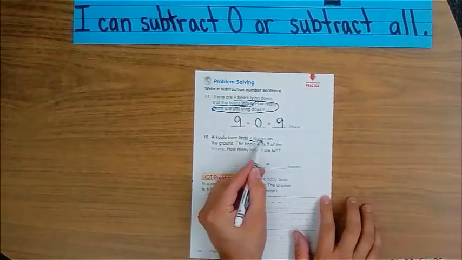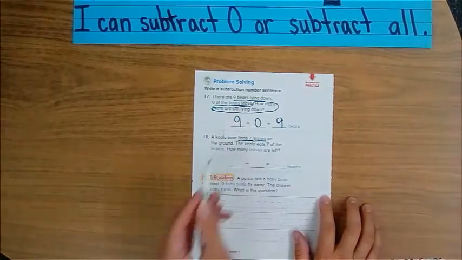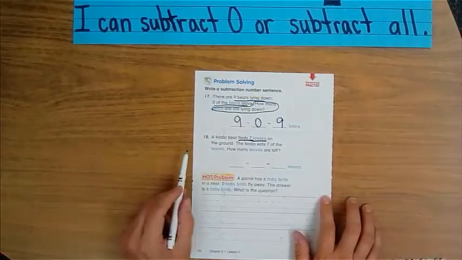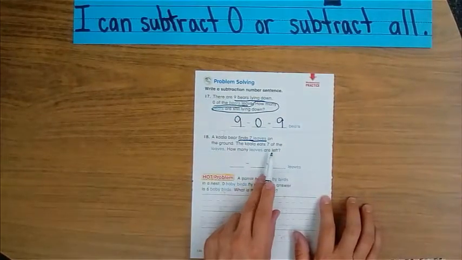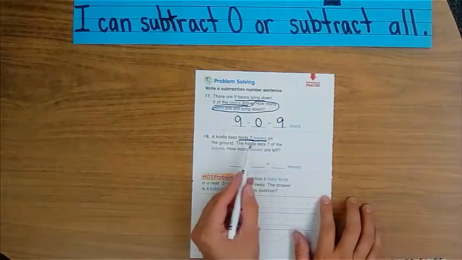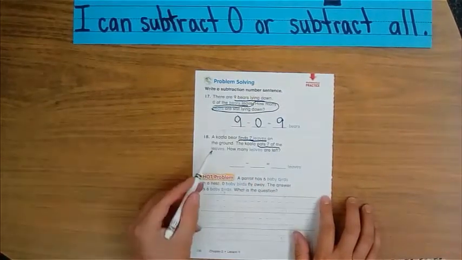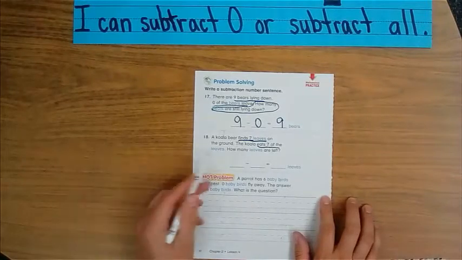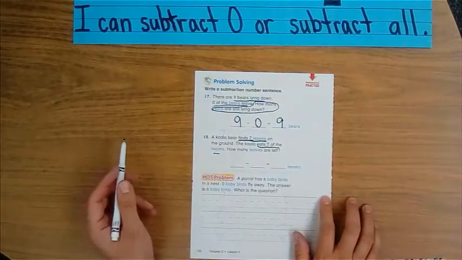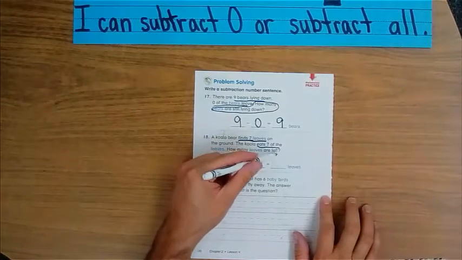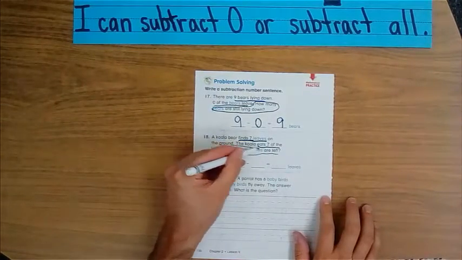Oh yeah, so they find 7 leaves. I'm going to underline that on the ground. The koala eats 7 of the leaves. So eats 7. I know that's important. How many leaves are left?